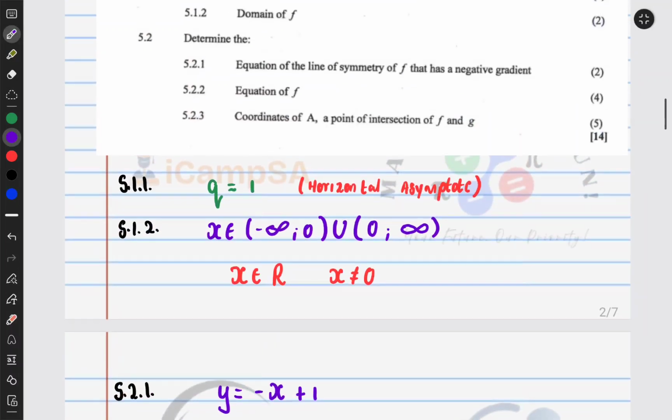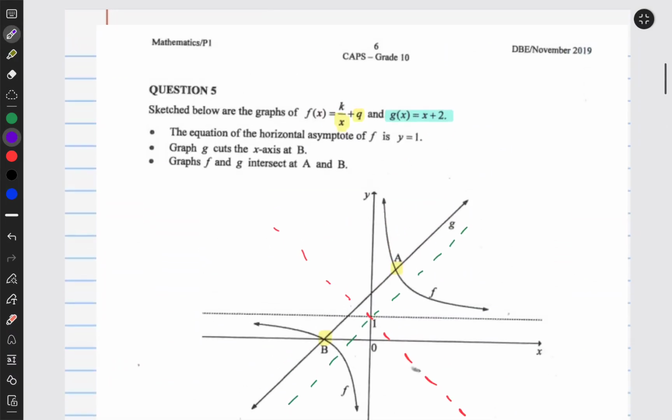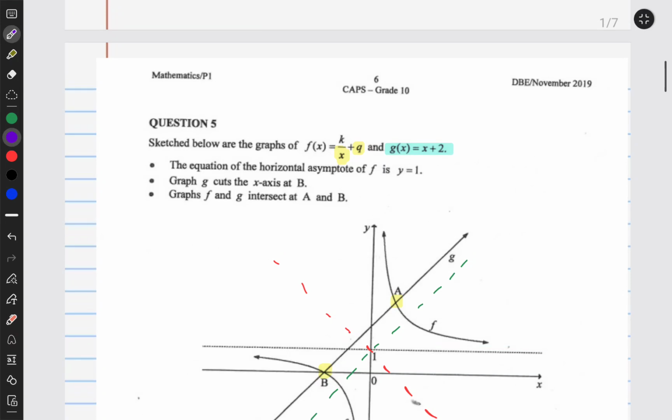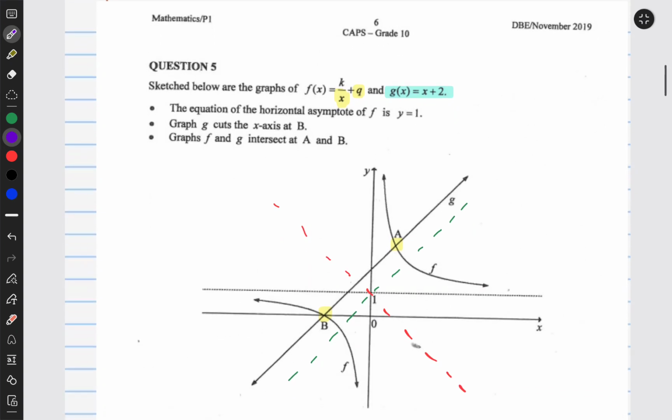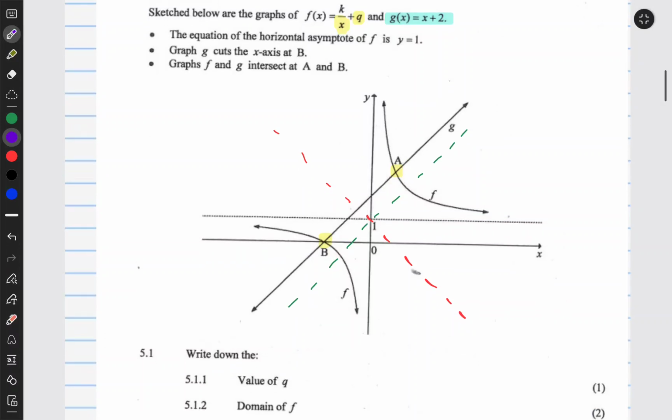Okay, and then for 5.2.2 we need to find the equation of f. Let's see how many unknowns we have for f. For f, we have k and q. We already have q, so the only unknown we are left with is k.